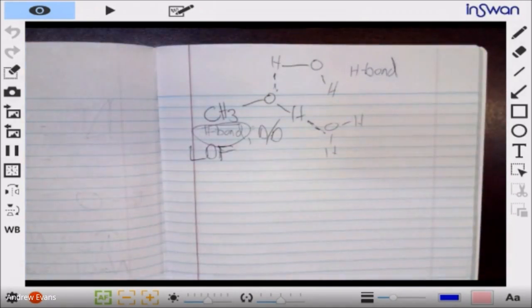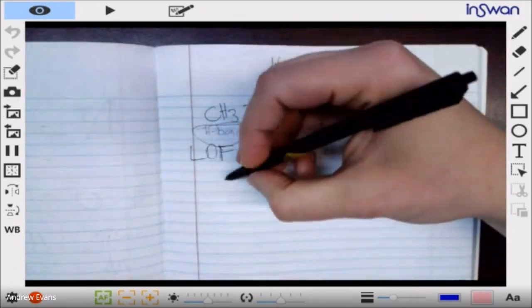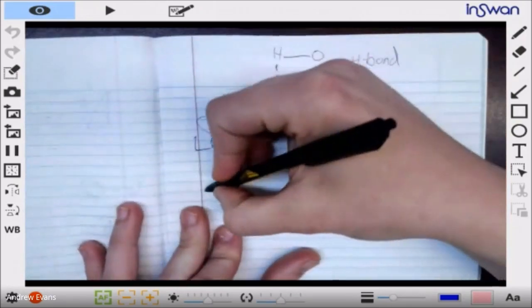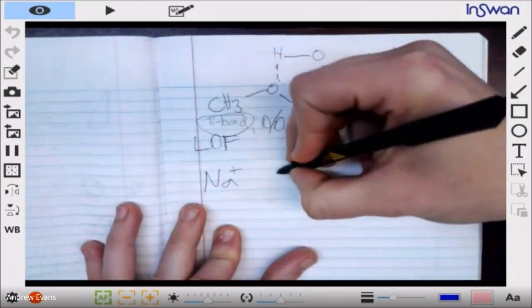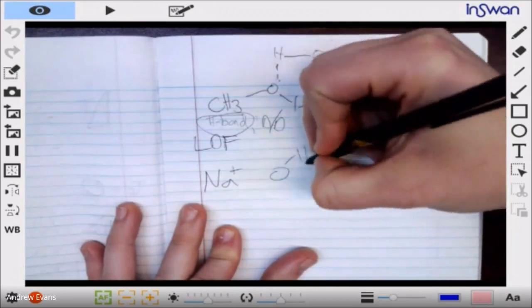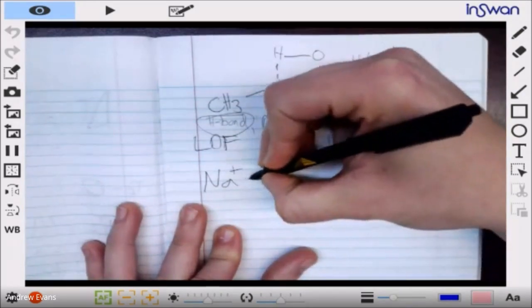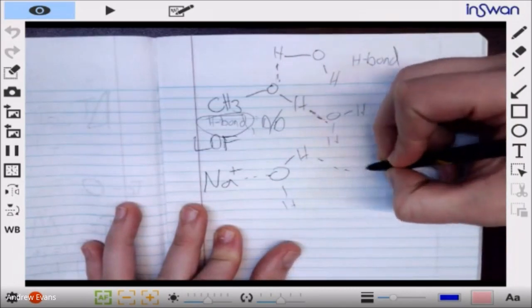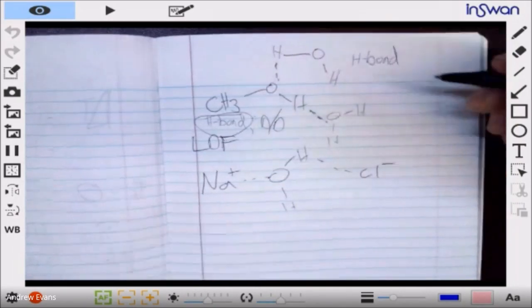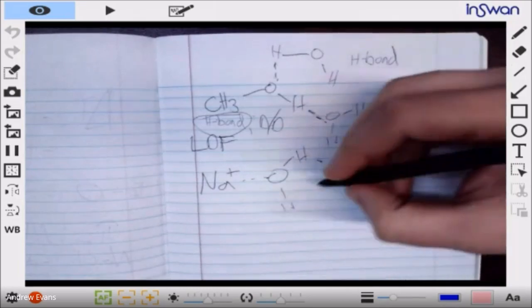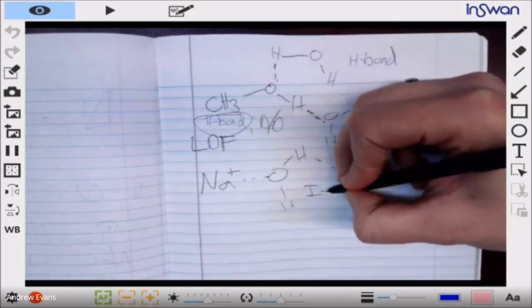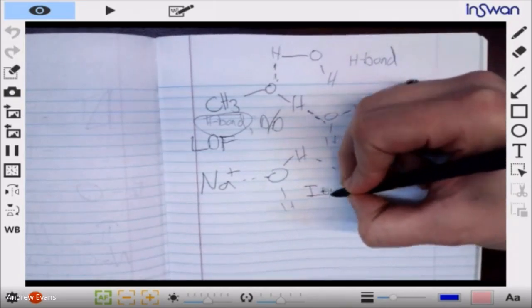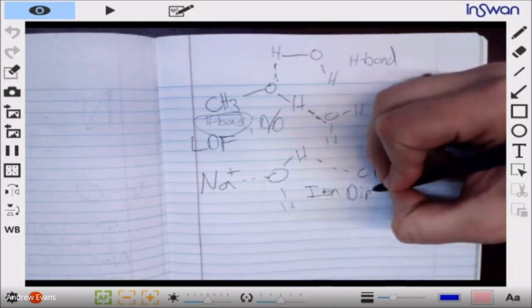Let's see, the next structure is sodium chloride. Continue down. Na plus, with the water oxygen, and maybe draw Cl minus. So this one's going to clearly be ion-dipole.